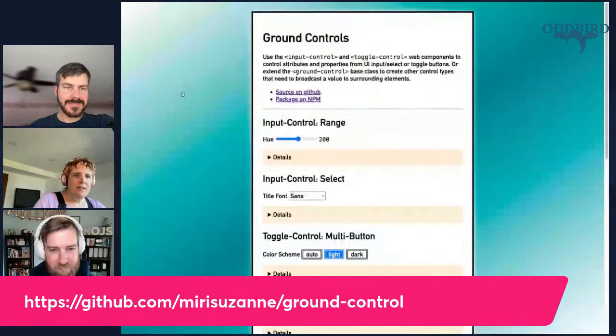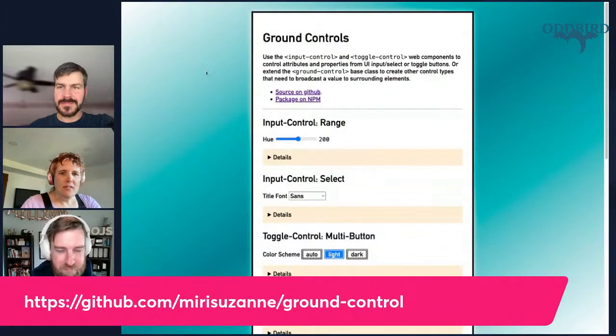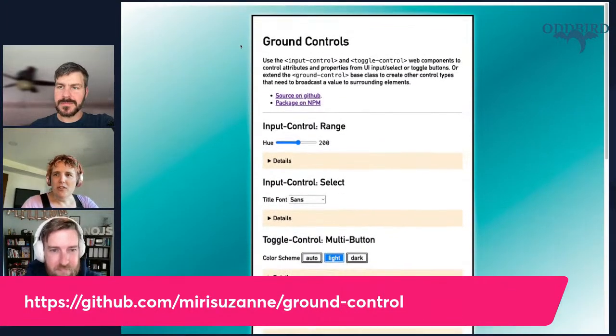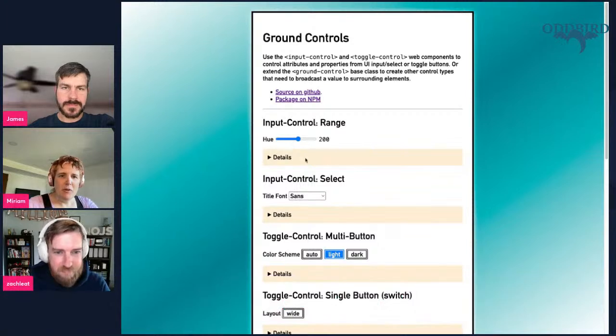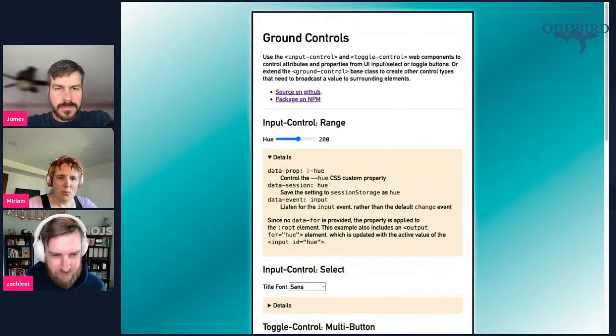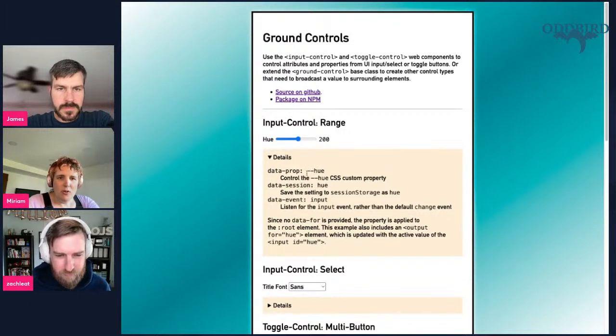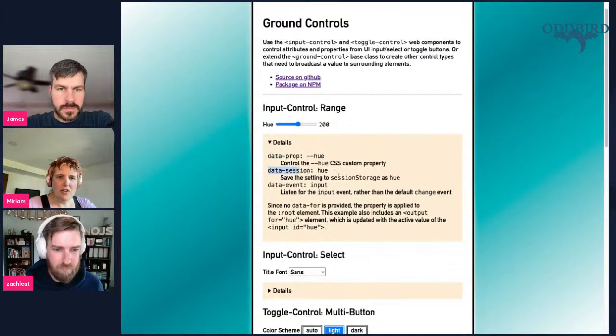Share screen. Let's see. Yeah, so this is the demo page where I've created a bunch of them and documented what attributes I'm setting. Like you said, they're all data attributes, data prop, data session.